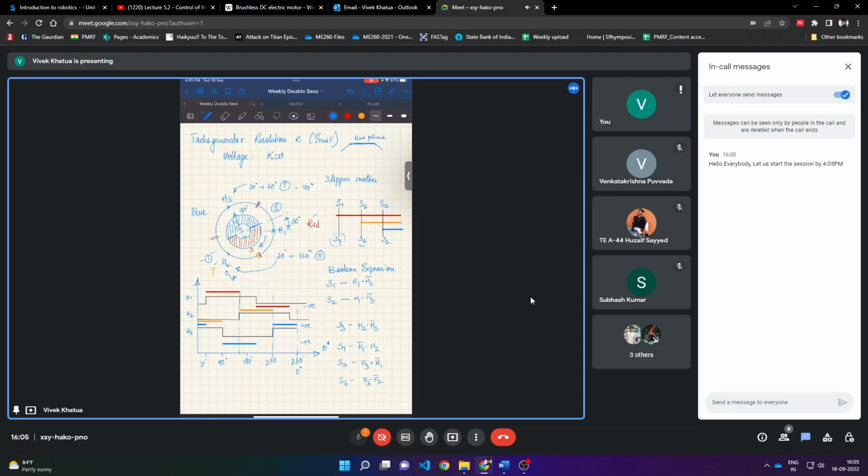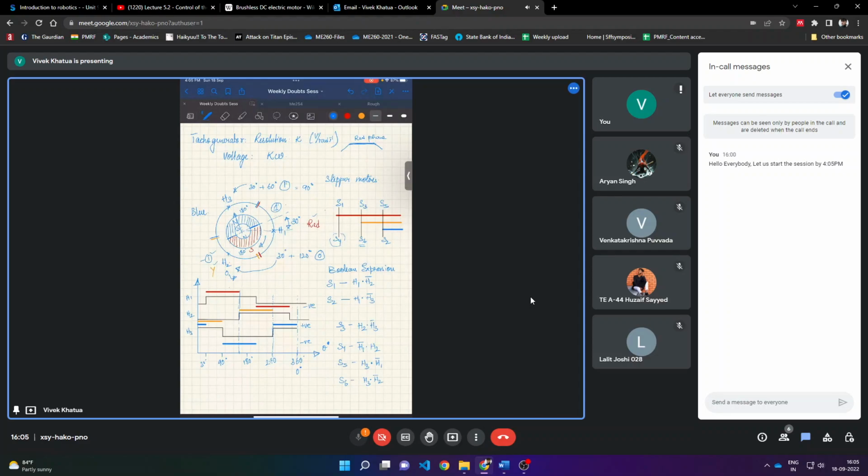A magnet with only one pole cannot exist, so this is another 180 degrees. But practically, you may not have something like 180, 180. You may have some other construction, and based on that construction, your waveform and everything will change. So let us just stick with this construction for understanding.